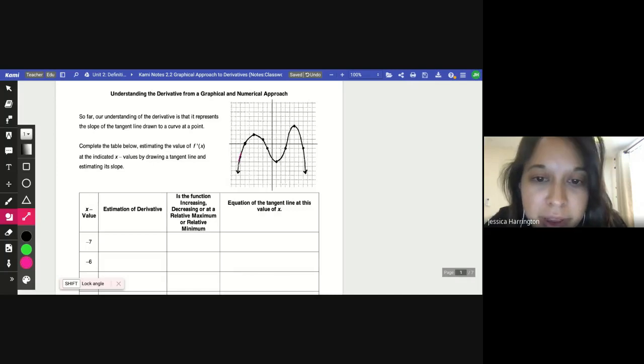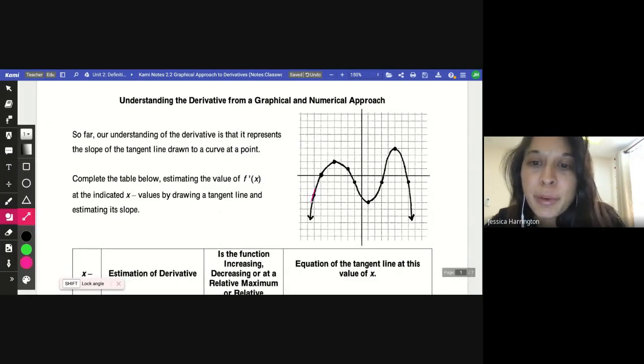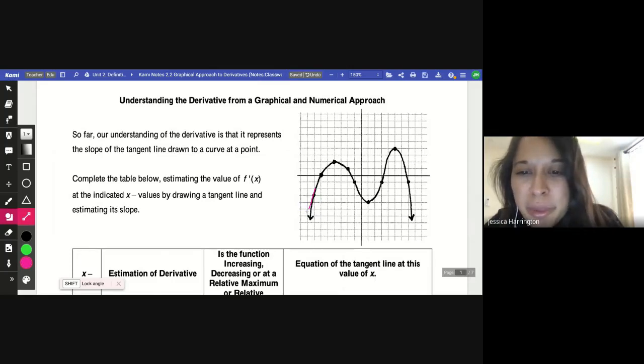So if we look at this pink line, which I know is hard to see, let me zoom in more. What could I approximate that slope to be, right? I could probably keep drawing this out so it'd be easier to approximate it. So the slope of that line, let me just extend it out, something like that.